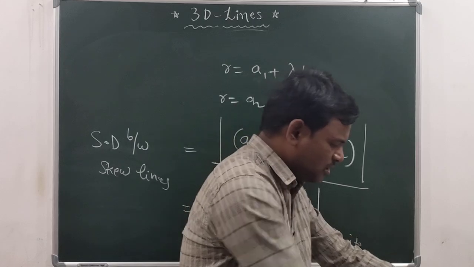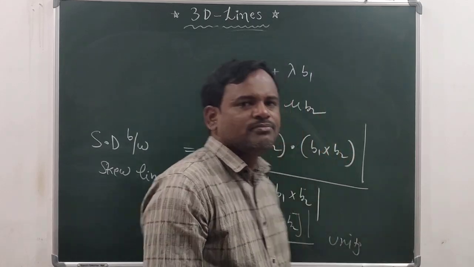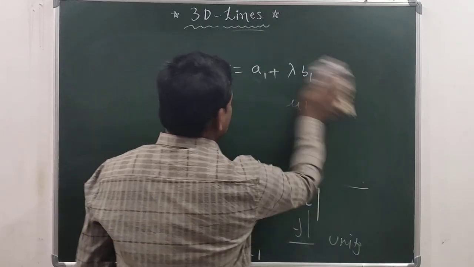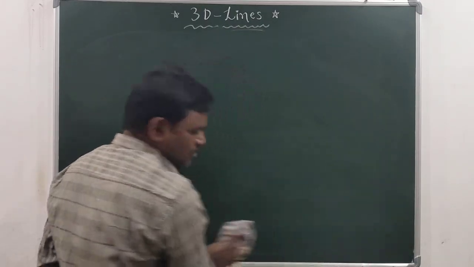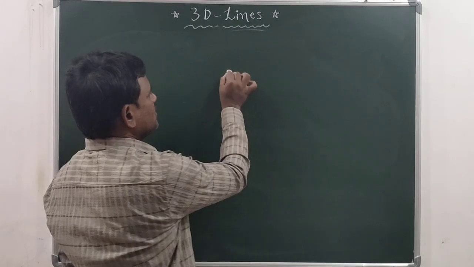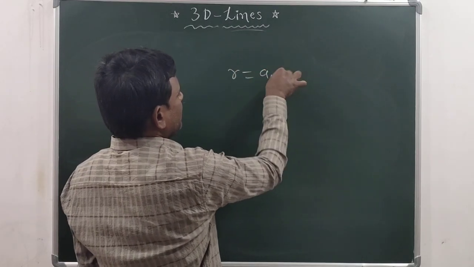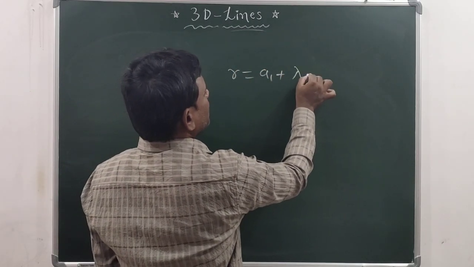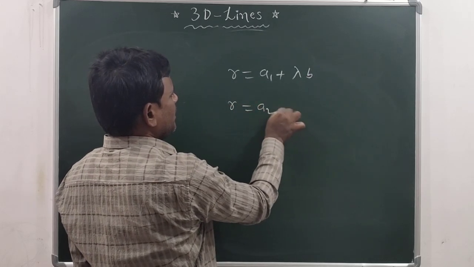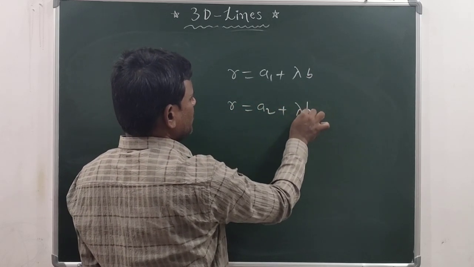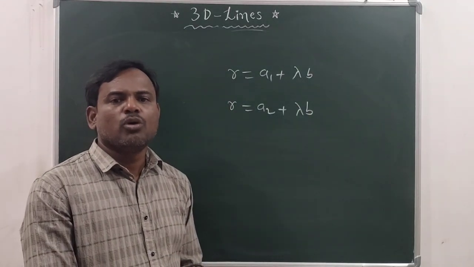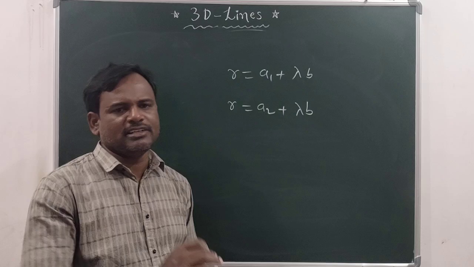Okay students, I hope you have understood this. Sometimes they will give you coplanar lines like this. R equal to A1 plus lambda B, R equal to A2 plus lambda B. Both are coplanar lines.